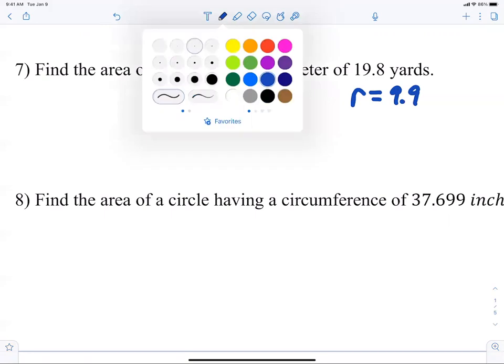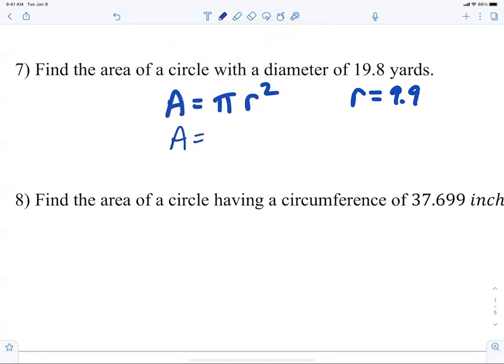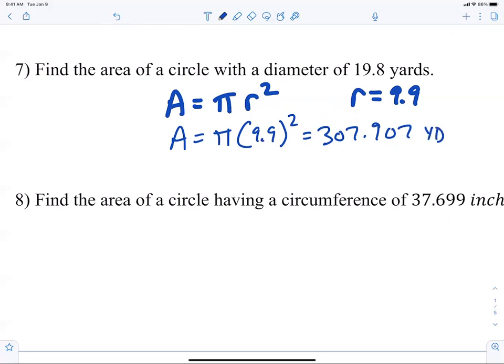The area is equal to pi times 9.9 squared. 307.9 what? 307 and then what units? Yards. What units? Yards. What units?